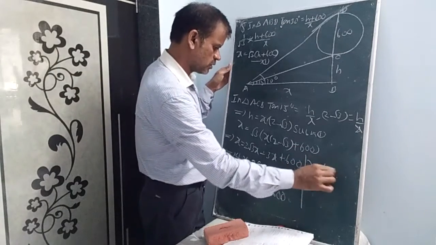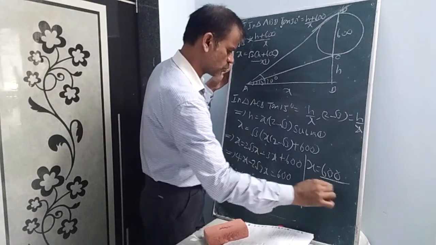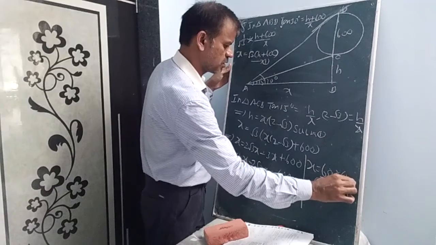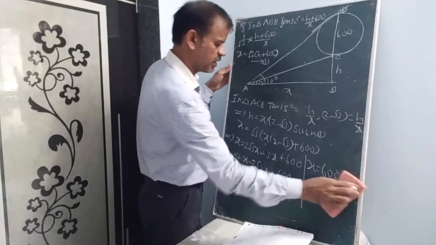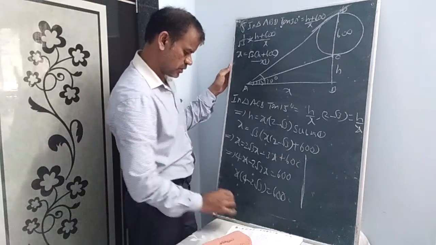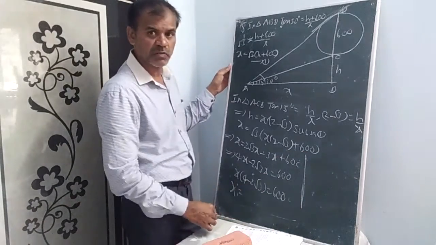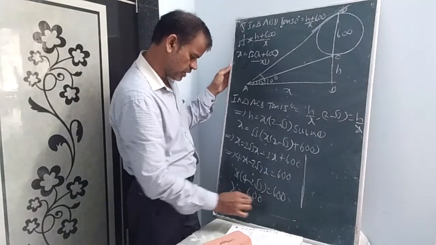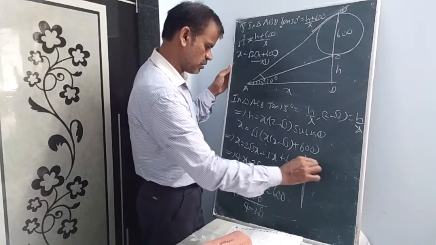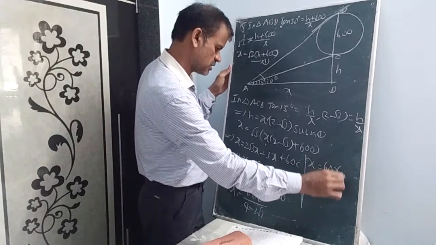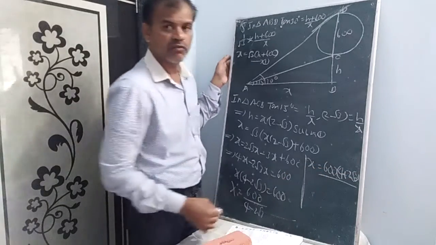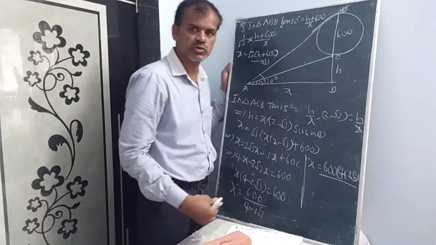X is equal to 600 by 4 minus 2 root 3. Taking rationalization, multiply and divide by 4 plus 2 root 3: 600 into 4 plus 2 root 3, whole by 4 squared minus 2 root 3 whole squared.